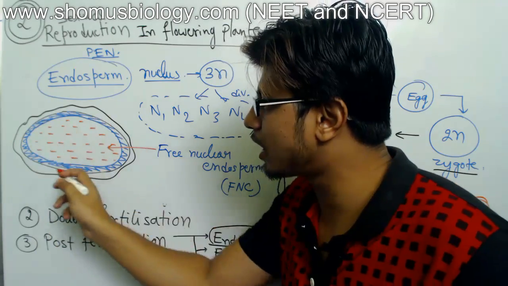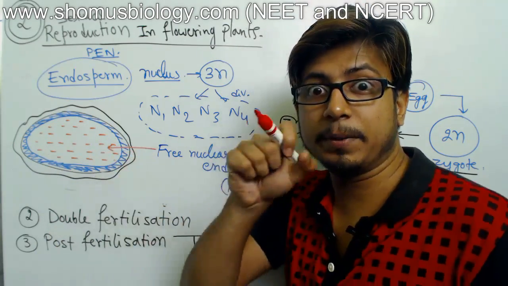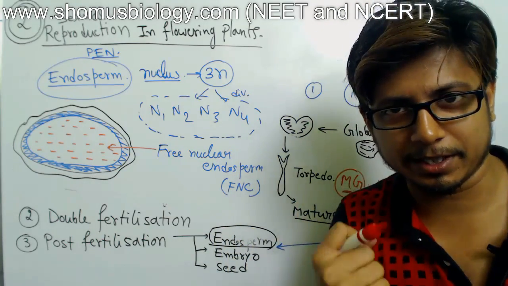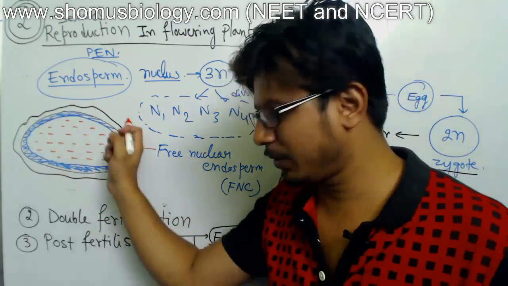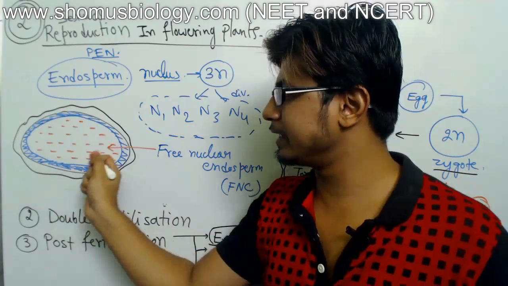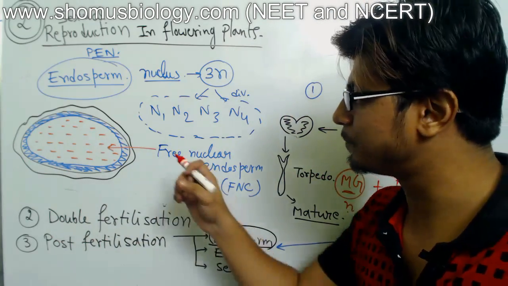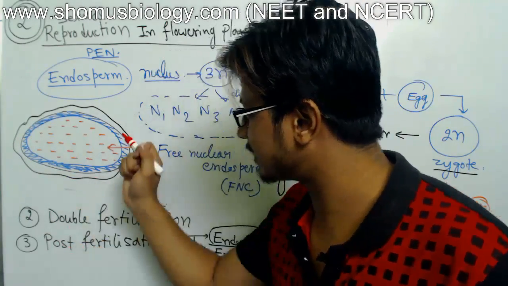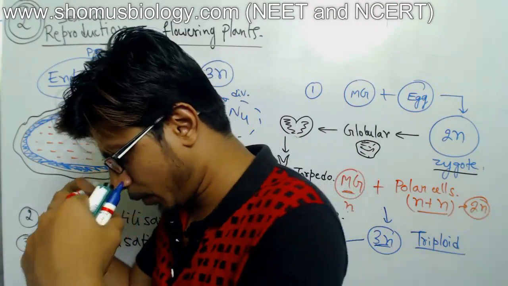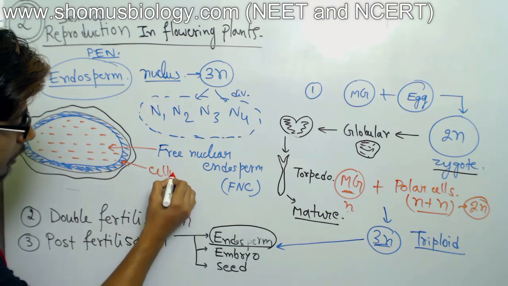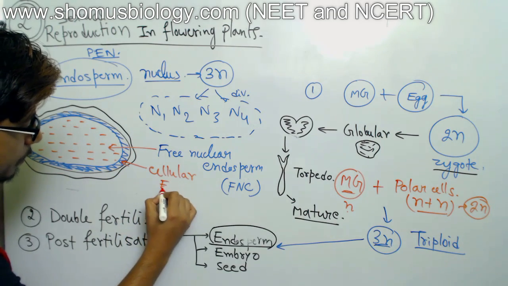As cell walls form here, that will become hard and solid, because cell walls provide strength to the cell. So the surrounding regions are very hard and the center part is liquid, because the liquid part is free nuclear endosperm and the hard part is known as the cellular endosperm, because they properly form cells, right? So this is cellular endosperm.